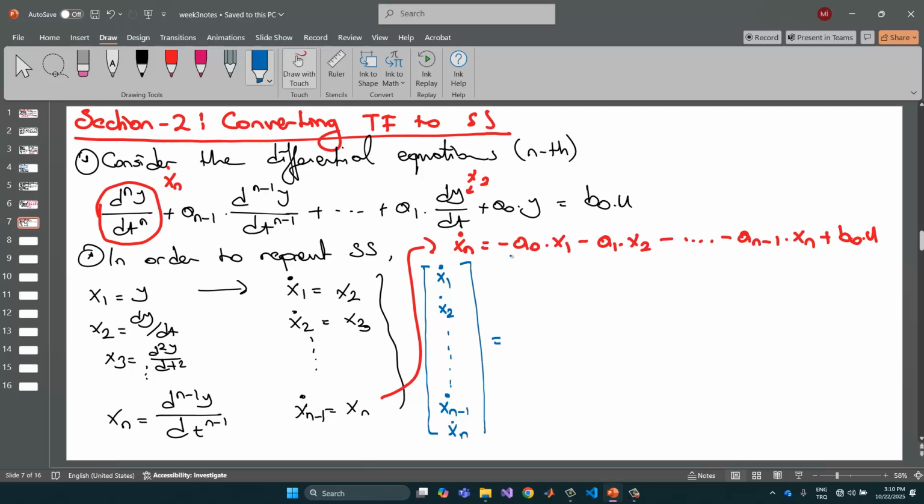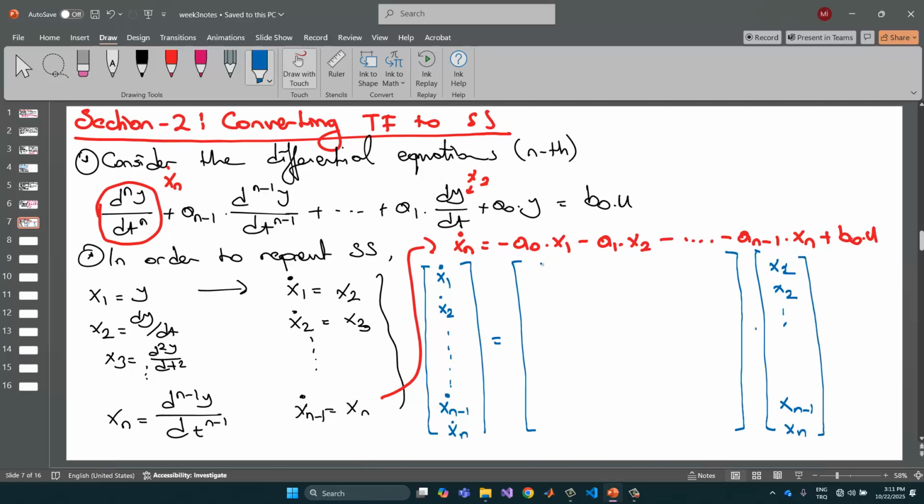Which is equal to what? We have the matrices in here just like this, and also we have x1, x2, and so on, xn-1 and xn, right?